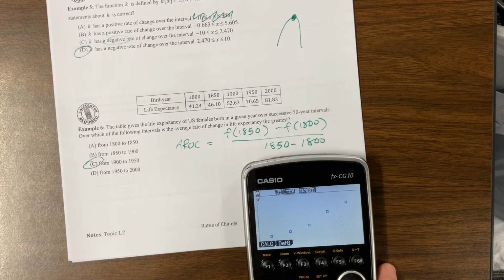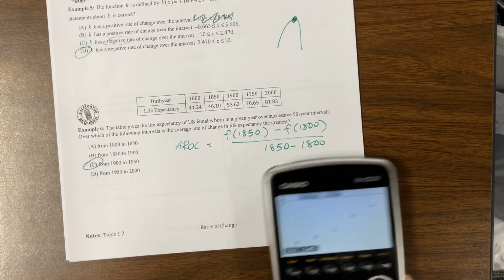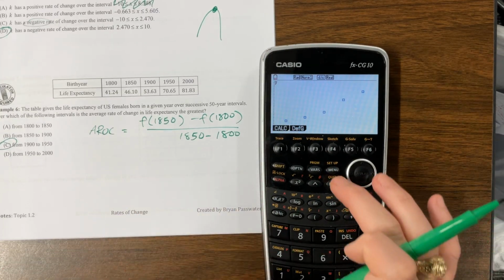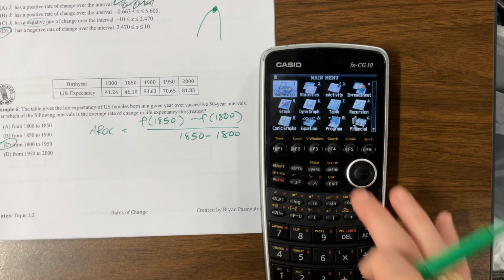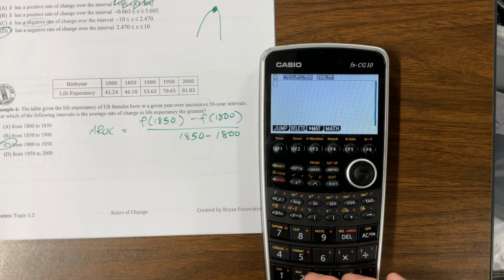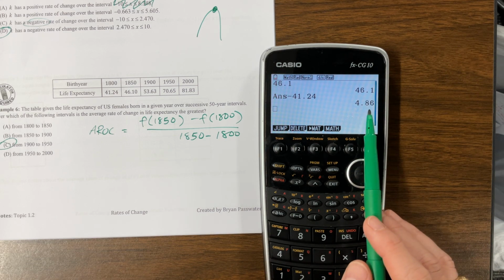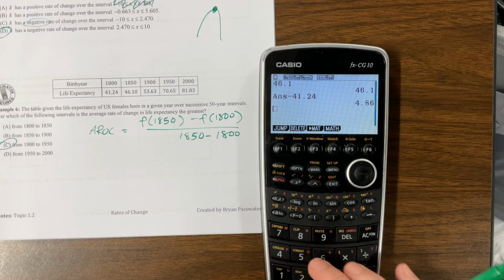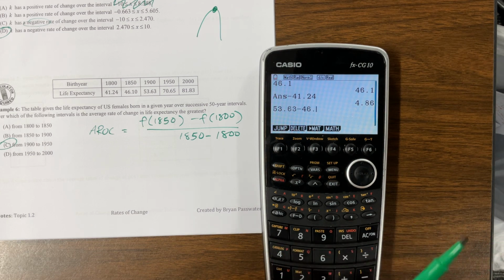Yeah, I mean, they told you to use a calculator. I guess we could. Okay, they're all 50 years apart, so we just really need to figure out. So if I come back to my regular screen, I can do 46.1 minus 41.24. Okay, so this is the numerator, and it's going to be divided by 50. But they all have the same denominator. So let's see, 53.63 minus 46.1.